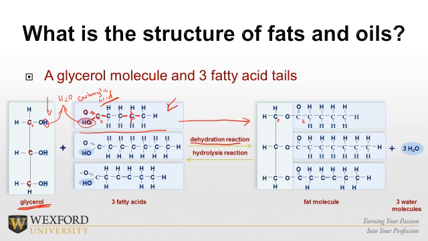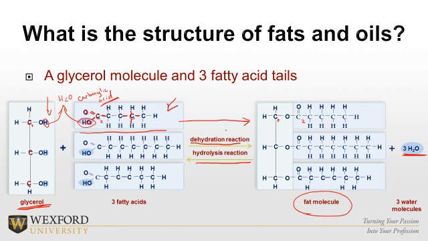Basically, we do that three times and we get a fat molecule, a triglyceride. I'm sure you've heard of triglycerides before. We get a fat molecule and three waters that have come off of it, because I've got water coming off of this first group, second group, and third group. So once again, a dehydration reaction over here, losing water to build the larger fat molecule, or we can break it apart into the individual fatty acids through hydrolysis by adding water.